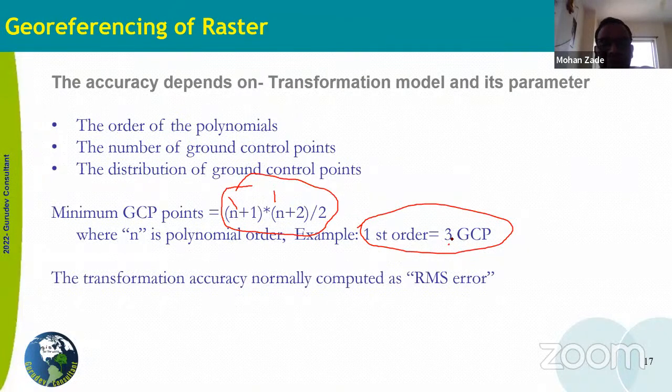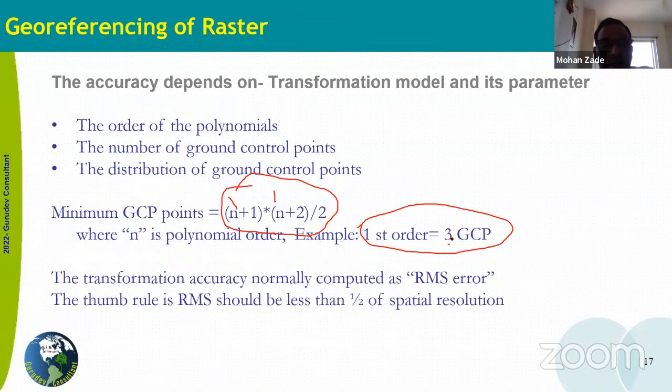The transformation accuracy is normally computed as a root mean square error. The rule of thumb is that the root mean square error should always be less than half of your spatial resolution. That means if you are correcting your 10-meter satellite data, then RMSE should be 5 or less than 5.